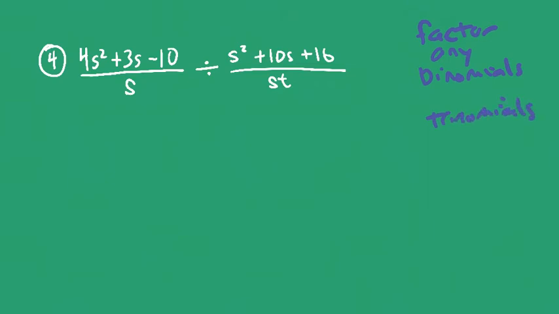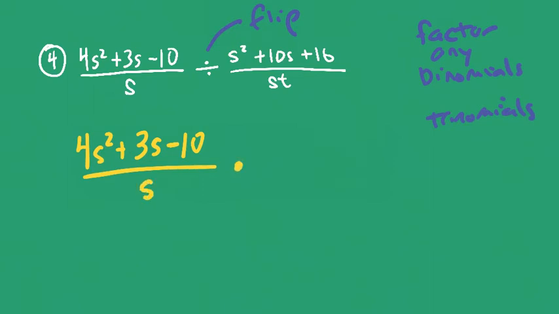And let's start by flipping the fraction here since we are dividing. So I'm just going to rewrite the whole thing just how it is, except we're going to multiply and flip the second.